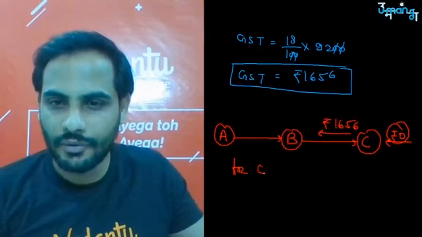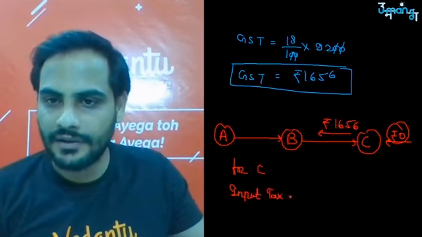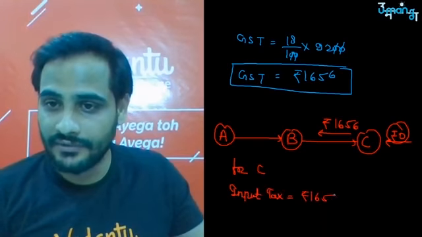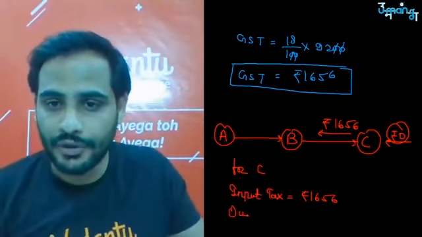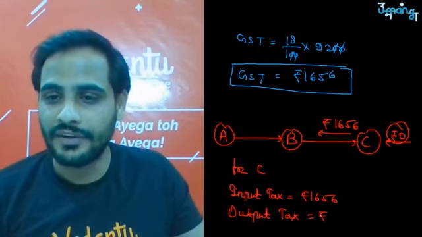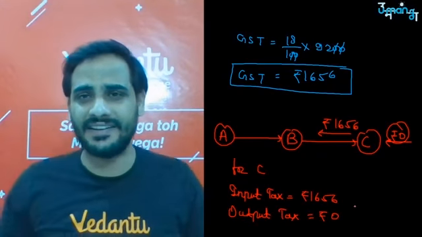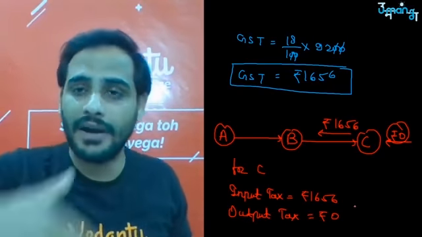So I can say for C, input tax is equal to rupees 1656 because this much tax he has already paid, and output tax will be equal to rupees 0 because he is not selling that part further.